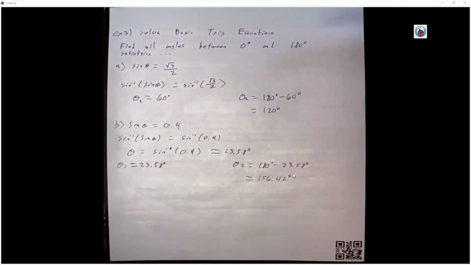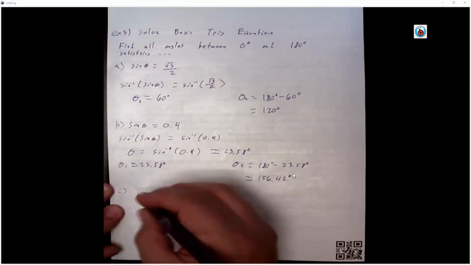Just subtract from 180 when you do an inverse sine. Is it only for sine? Yeah. Cosine will be from 360, which we'll do in a little bit. Any questions on the process?